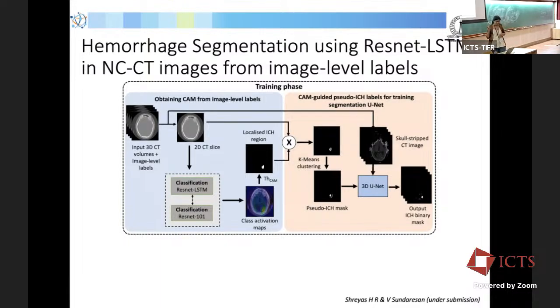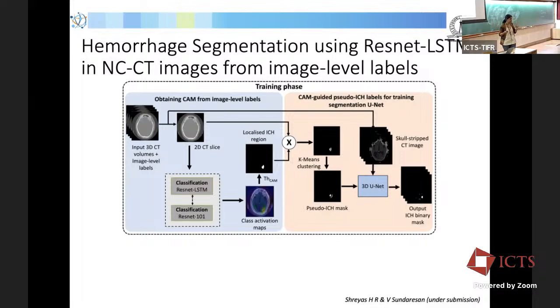So what are class activation maps? When a model makes a decision, we want to know which salient regions have important features that are contributing to the decision. For example, in this whole image, the white region, the border, is the skull. The skull definitely is not going to contribute to anything because all of us have a skull, right?